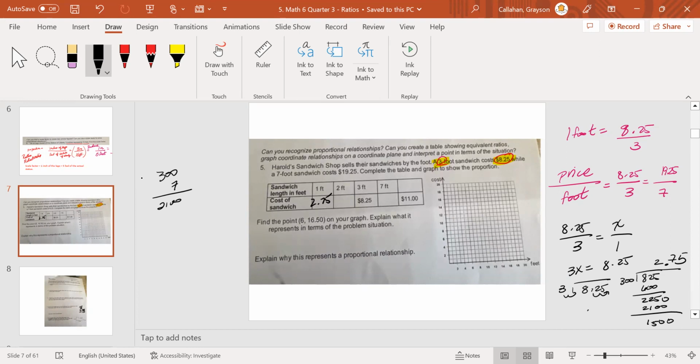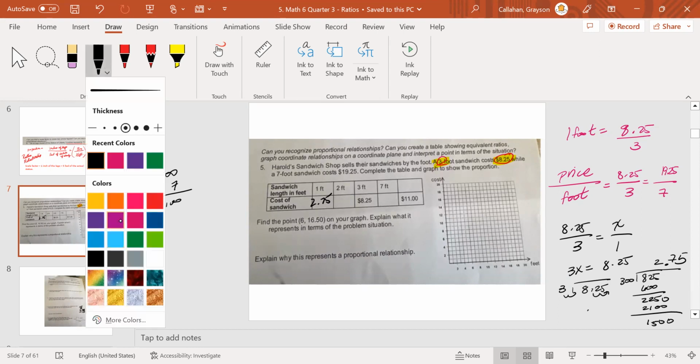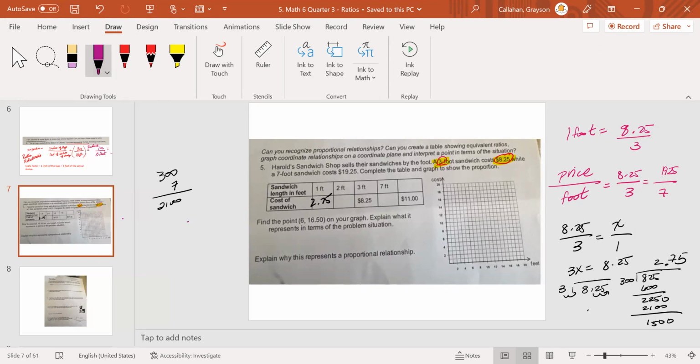2 feet. For 2 feet, we're going to do the same thing. For 2 feet, it is going to be $8.25 over 3 feet. 2 goes here, x goes on top. 3x equals, when you cross multiply, 8.25 times 2 is going to be $16.50, right?